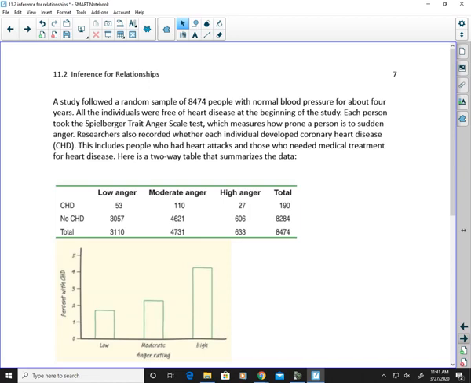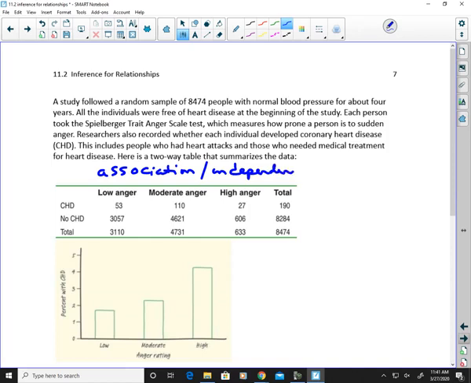And so this is going to be an association independence test. Chi-squared test for association independence.